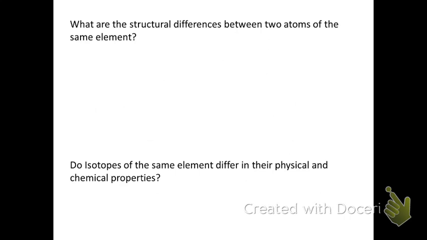Okay, so let's look a little bit closer at some isotopes. What are the structural differences between atoms of the same element? So again, we can look back at our definition of what an isotope is. The differences in their structure is simply between the number of neutrons.